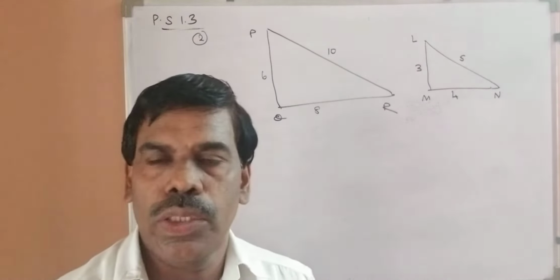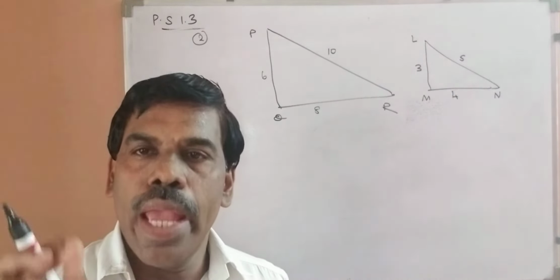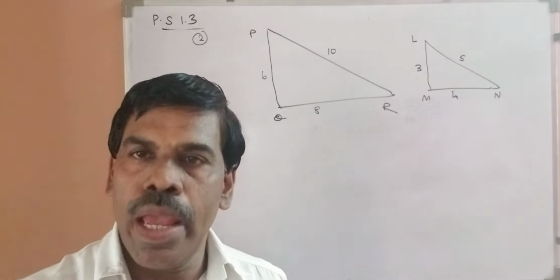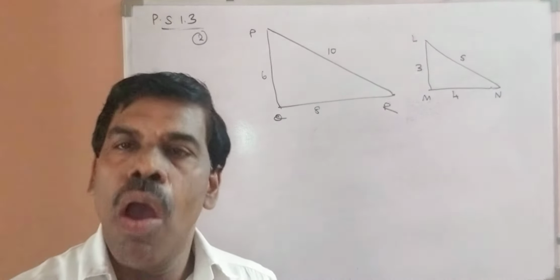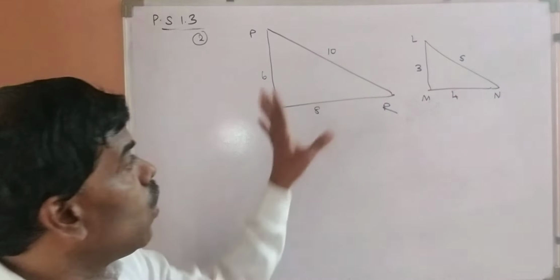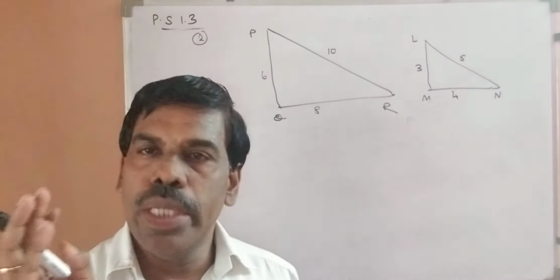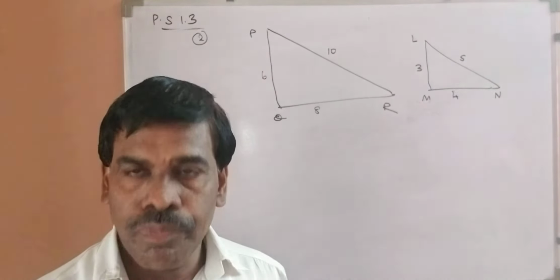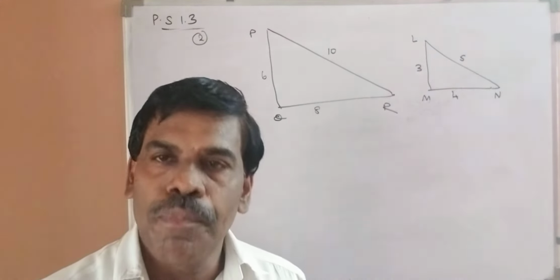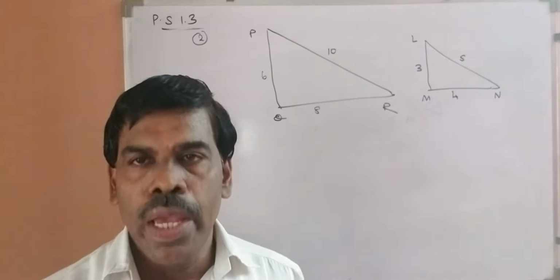If two triangles are similar, we have to prove it by AA test of similarity or SAS test of similarity or SSS test of similarity. Here no angles are given, so we cannot use the AA test and SAS test. So what is left out? The final one, SSS test of similarity.